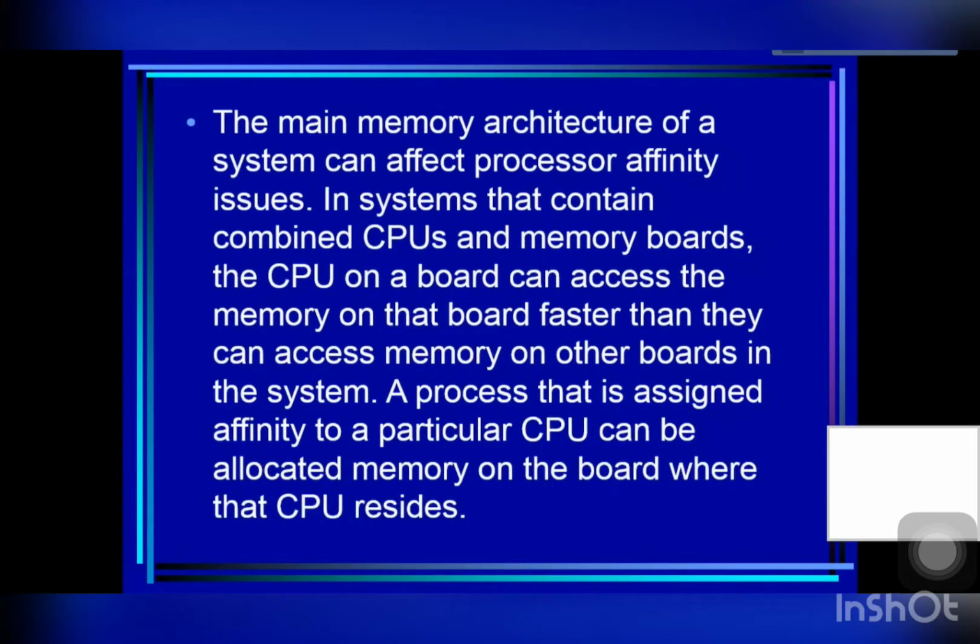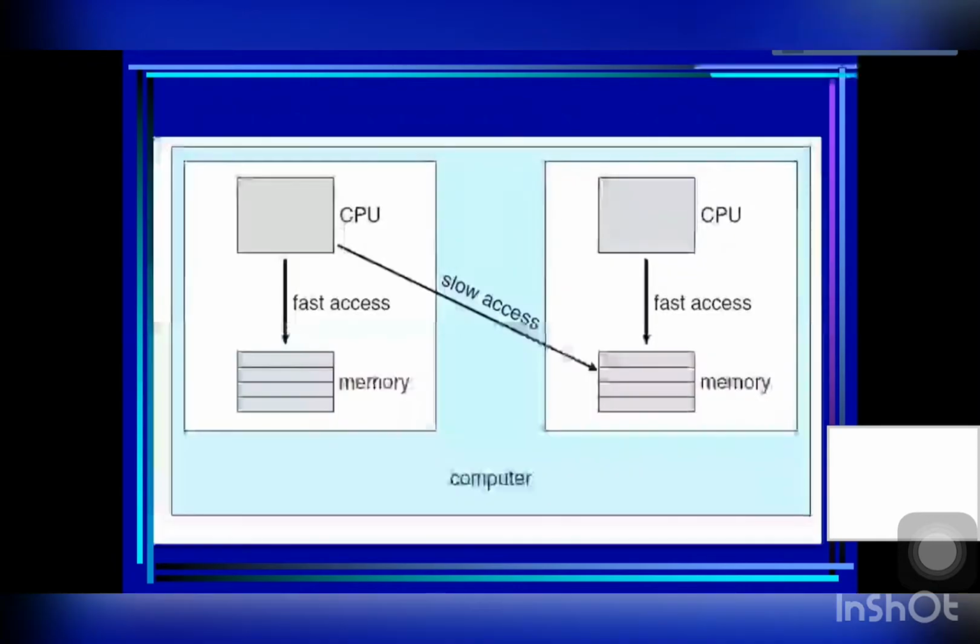The main memory architecture of a system can affect processor affinity, like this figure. This figure illustrates an architecture featuring non-uniform memory access, in which a CPU has faster access to some parts of main memory than to other parts.